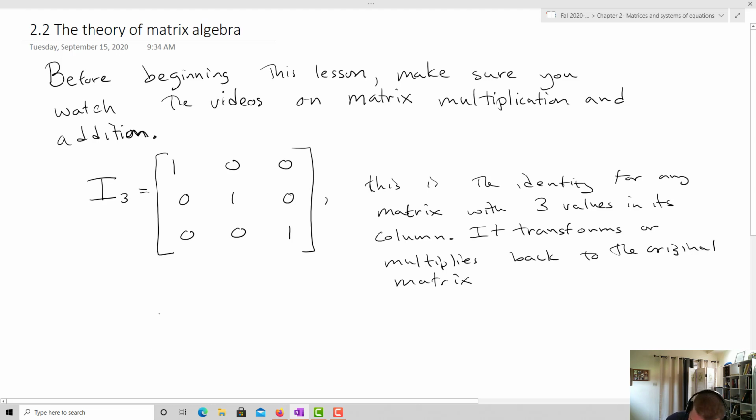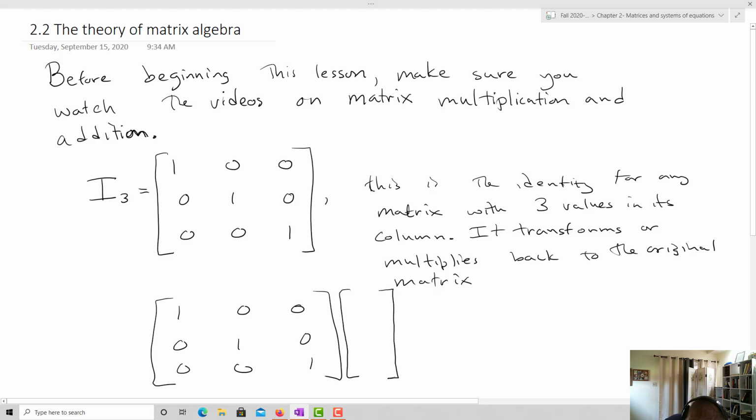So let's say I take 1 0 0, 0 1 0, 0 0 1, and I'm going to multiply that by, for example, this 3 by 2 matrix: 2 1, 1 0, 3 1. We're going to do some multiplication with that.